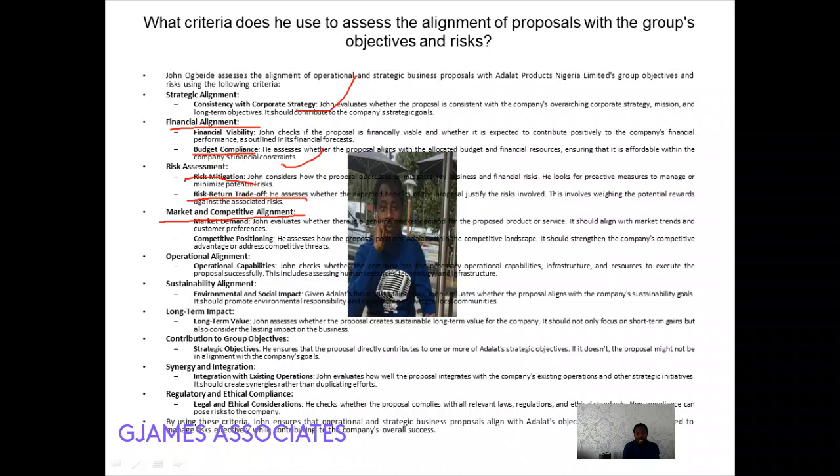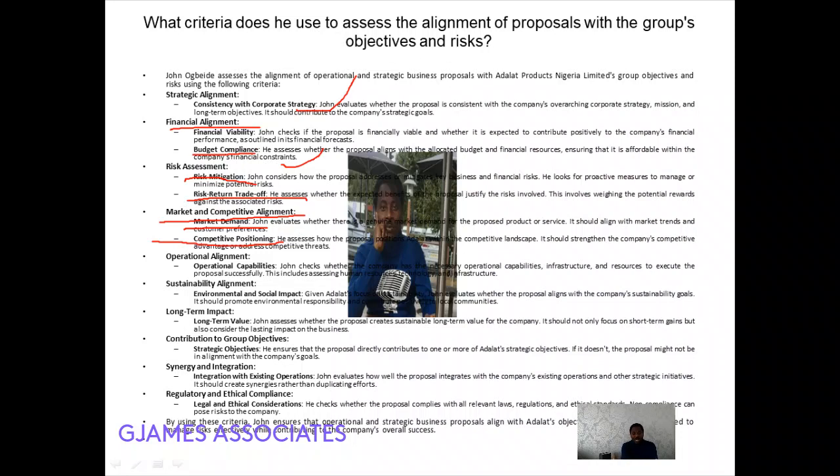Our market demand, is it going to be impacted? How is this project positioning us competitively? Are we using our competitive advantages right, or do we have competitive advantages in this venture we are about to go into?